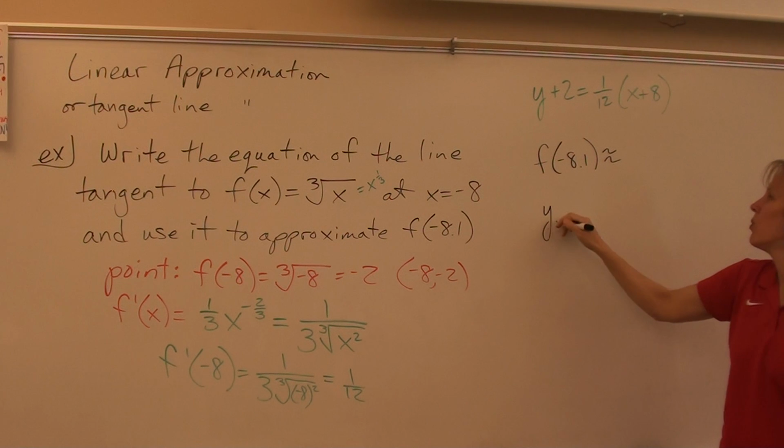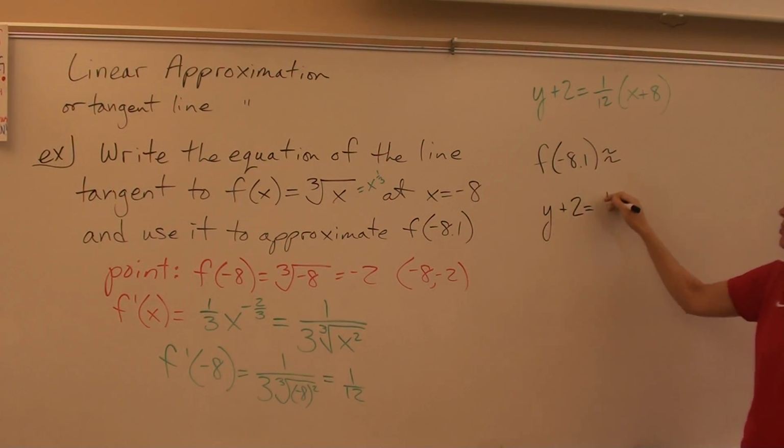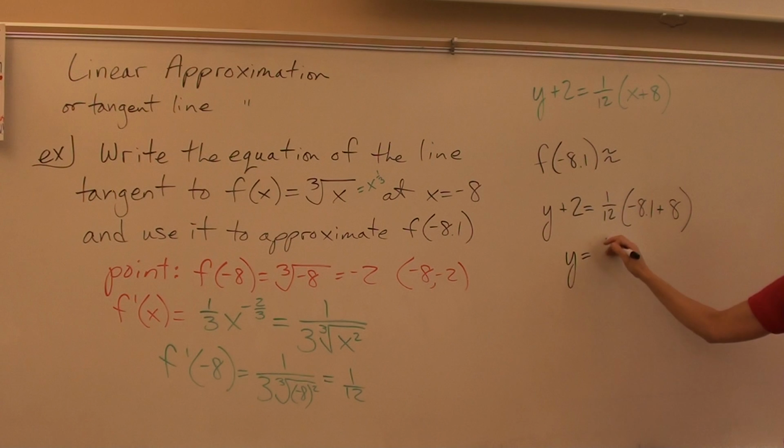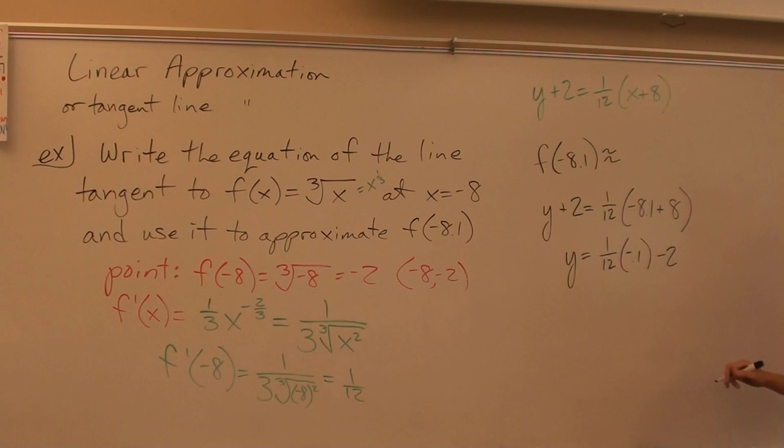So we have y plus 2 equals 1/12 times negative 8.1 plus 8. So y equals 1/12 times, this is negative 0.1, and then just subtracting the 2. So f of negative 8.1 is around 1/12 times negative 0.1 minus 2, and you can just leave it like that.